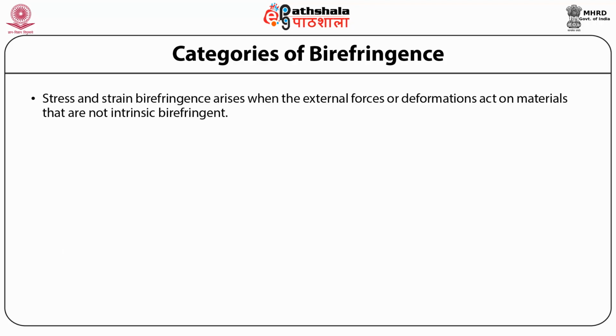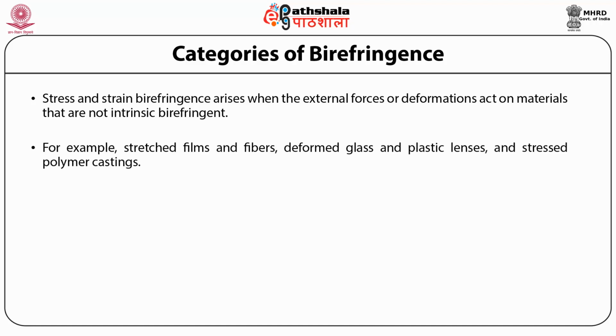Stress and strain birefringence arises when external forces or deformations act on materials that are not intrinsically birefringent. For example, stretched films and fibers, deformed glasses and plastic lenses, and stressed polymer castings.